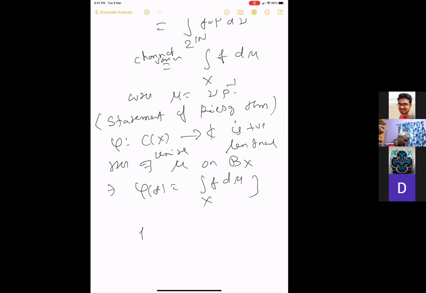Positive means f greater than 0 implies phi of f greater than 0. You can multiply by a complex number, then it will be a complex number, for example. It takes a function taking positive values to a positive number. That's all. Okay, it's clear?